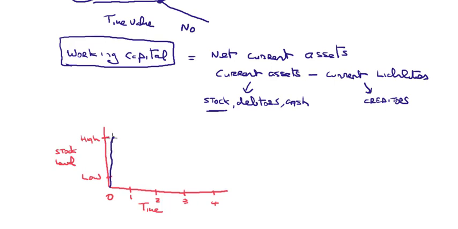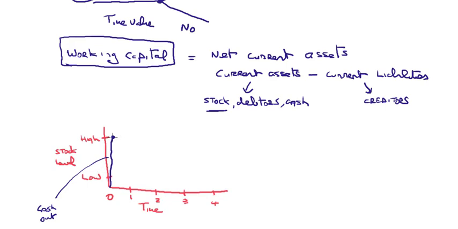We're going to buy a high level of stock. That clearly, therefore, is cash out. So when we increase our stock levels, that's cash out as far as we are concerned.